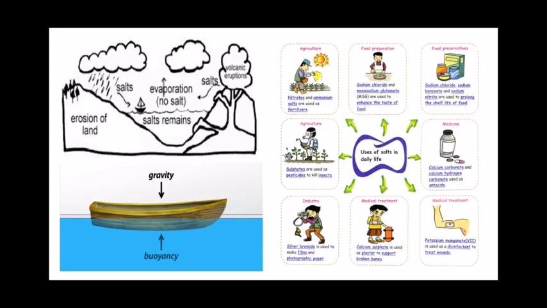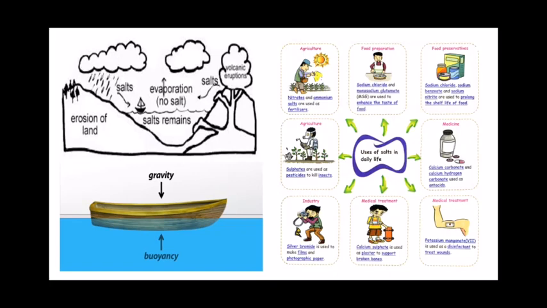In a few days the water evaporates, leaving the salt behind. The salt that is obtained is collected and transported to factories where it is purified and packed for consumption.